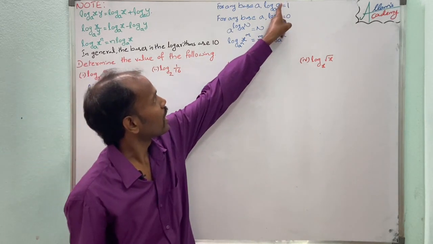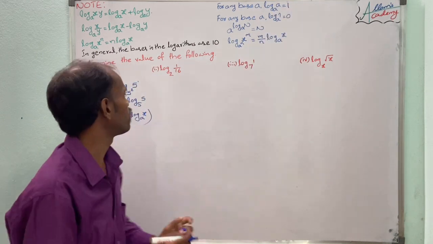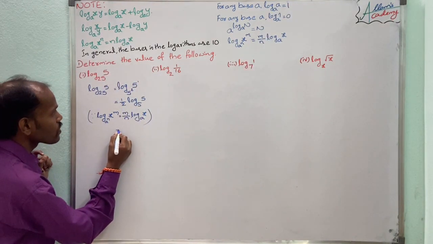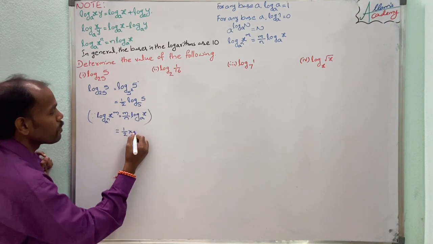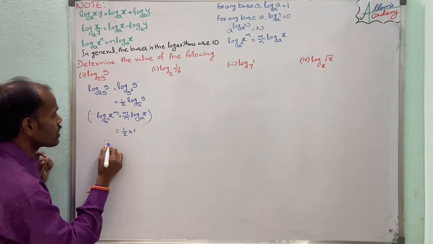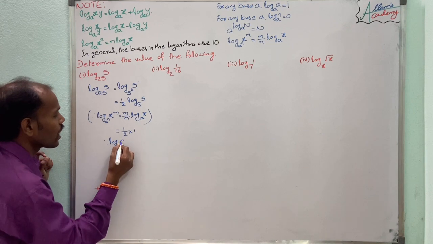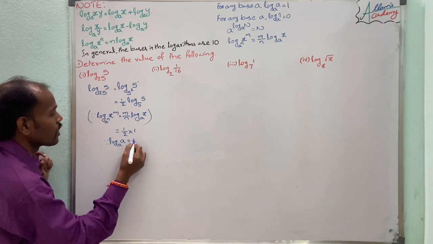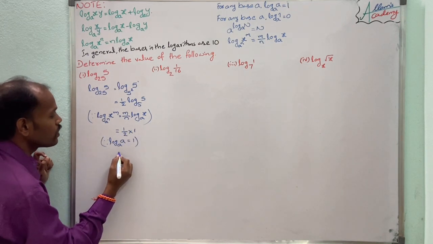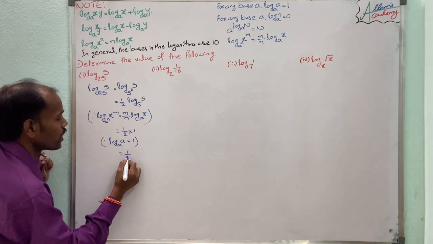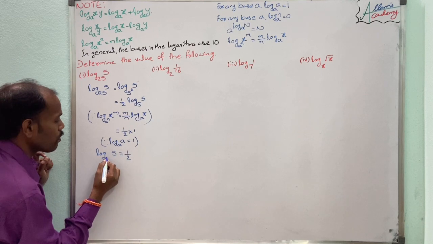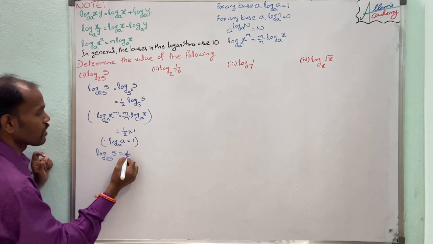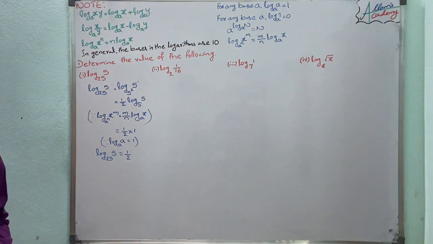Now log a base a equals 1, so log 5 base 5 is 1. 1 by 2 into 1 is 1 by 2. So log 5 base 25 is equal to 1 by 2.